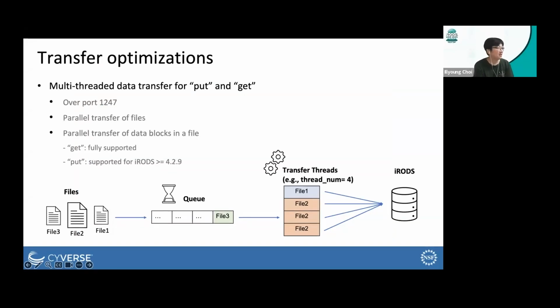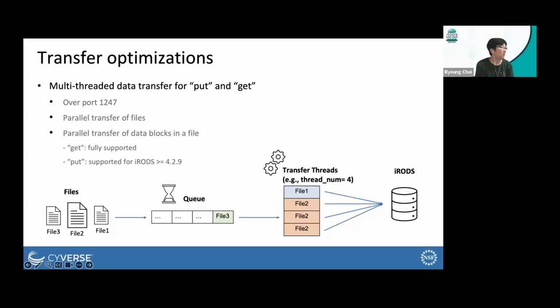We implemented transfer optimizations for put and get commands. Unlike iCommands, put and get commands transfer data over 1247 ports in parallel, like how the Python iRODS client does.